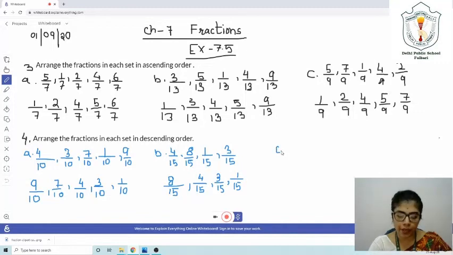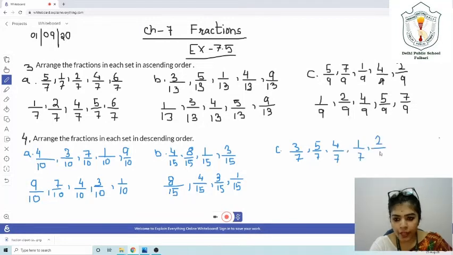The last question, that is question part C. Let us write the question quickly. So here I have written for you the question, and now let us quickly arrange them in descending order. That is, we will write the biggest fraction first, that is, we have 5 by 7.